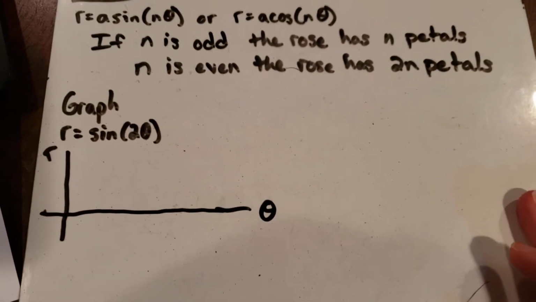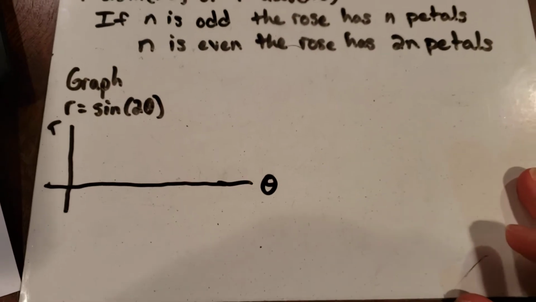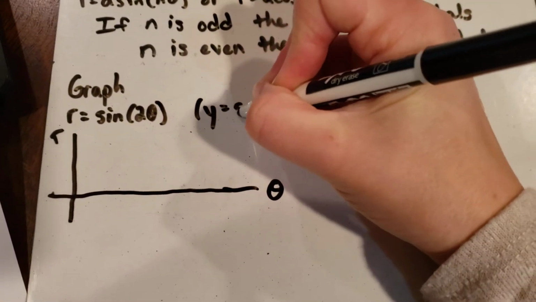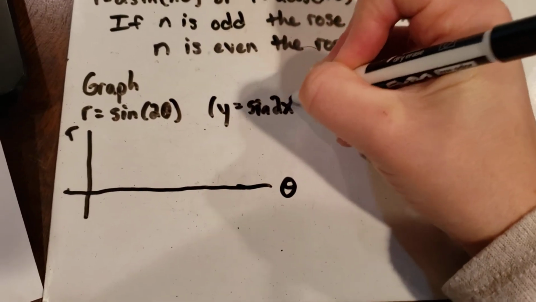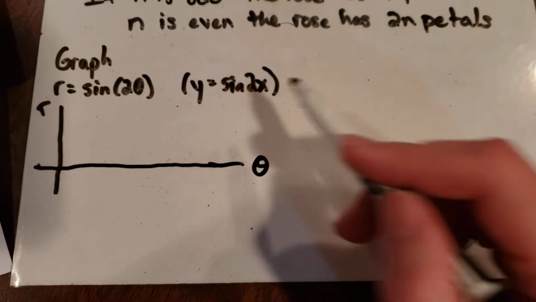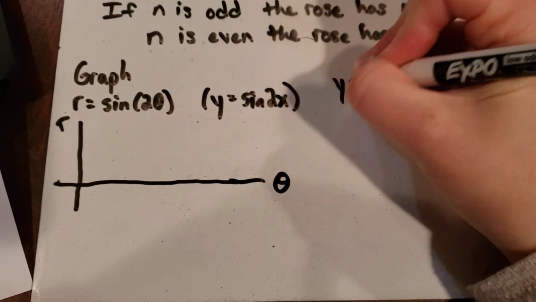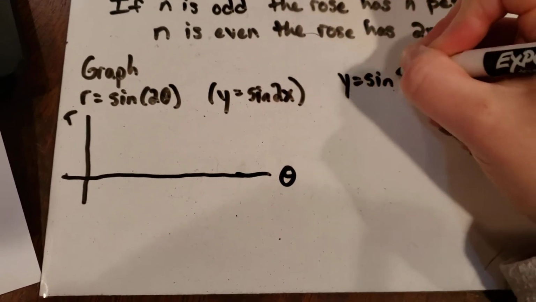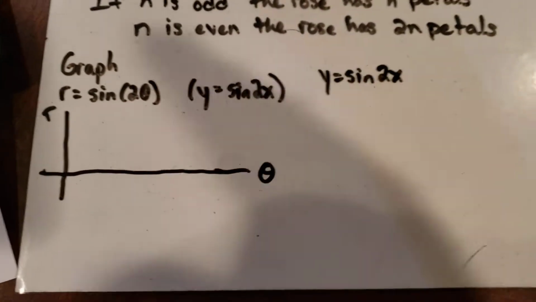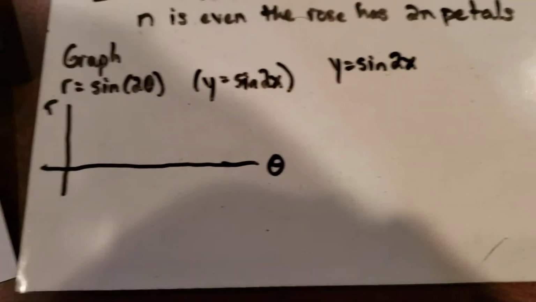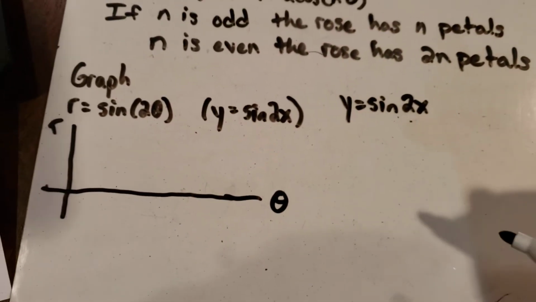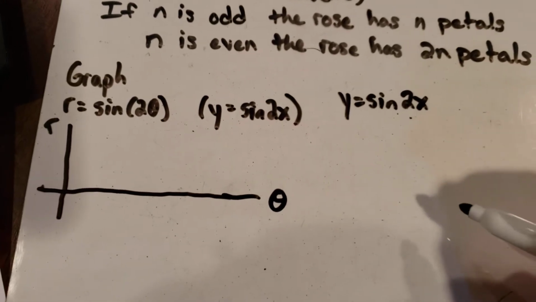So what we're going to want to do here is think of this as just graphing y equals sine of 2x, right? That's what we first started doing in trigonometry. So we know if we're graphing y equals sine of 2x, a few things we'll go through right now. We know that this isn't going to have the same period as the parent because we are multiplying our input of x by some value.